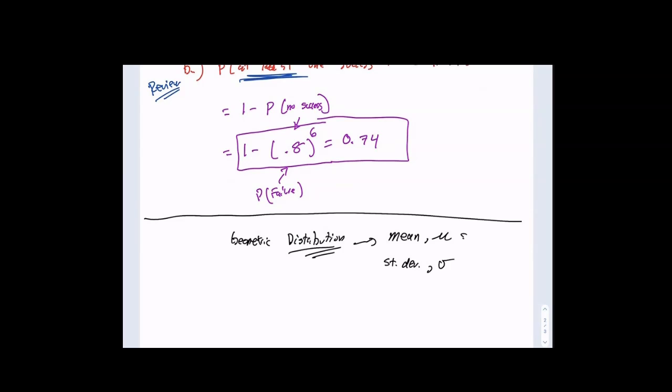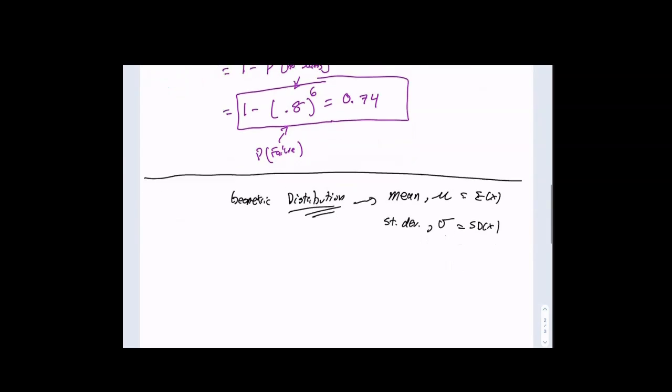And so we actually refer to this as the expected value of x and the standard deviation of x. All right. The expected value, which is once again the mean, of the first success is a simple answer. The expected value of a first success is simply equal to 1 over p.